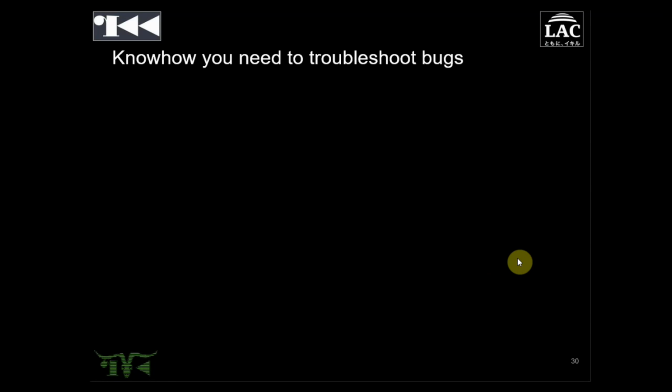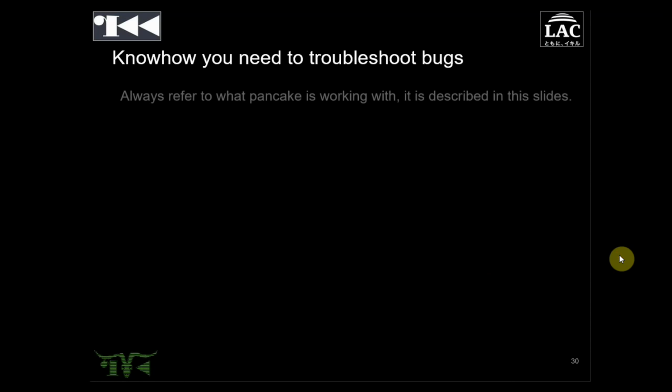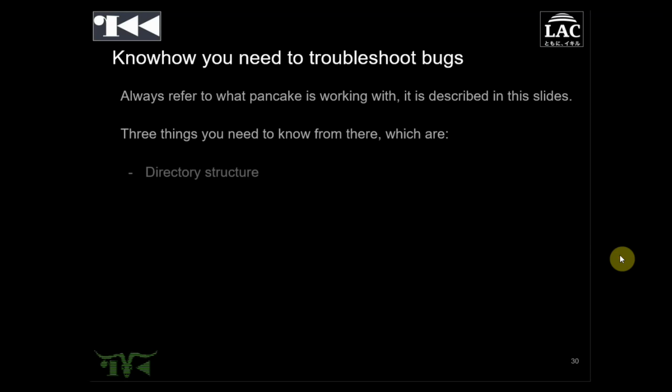And you also have to know how to troubleshoot the bugs. I always refer to what Pancake is working with, and everything is actually described in these slides. It has the three things that you really have to know from there, which are the directory structures of the Radare projects, the code structure, and lastly the base building process.